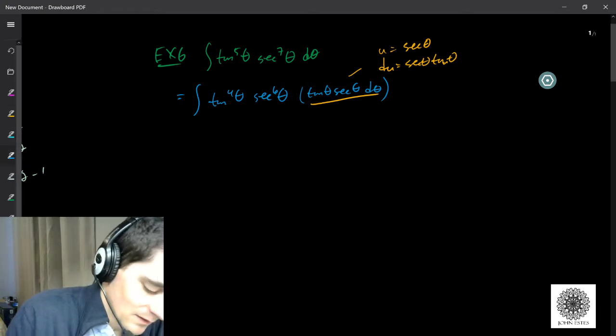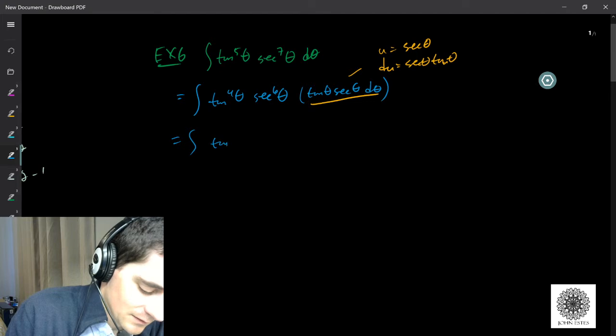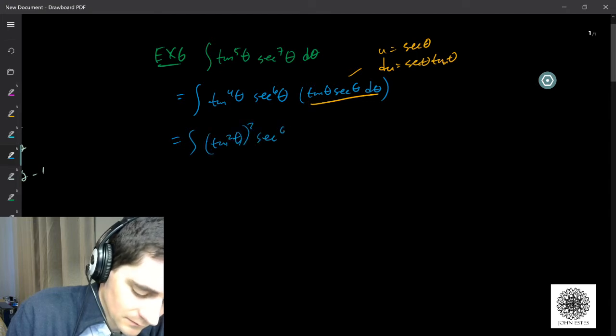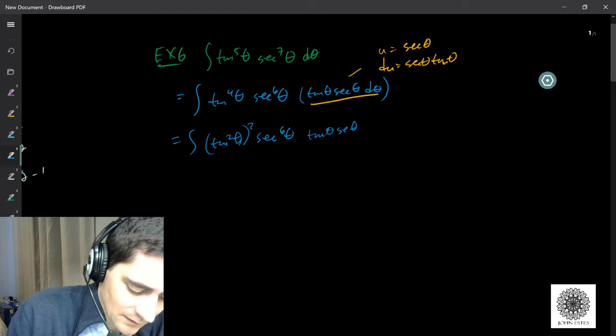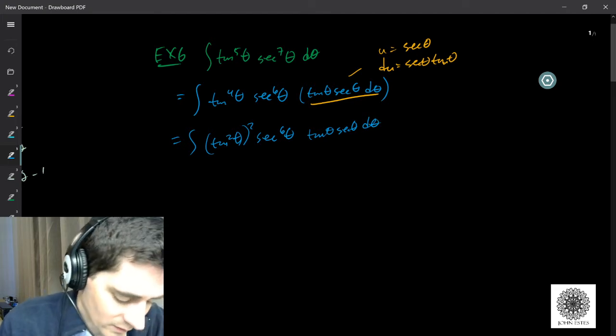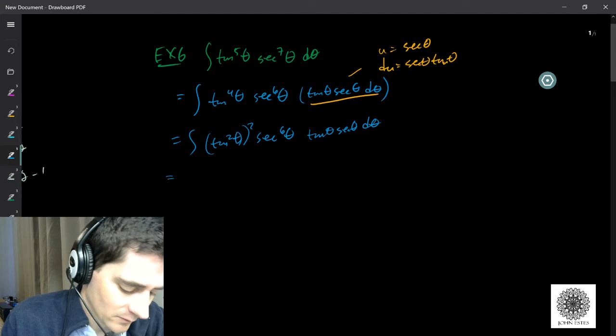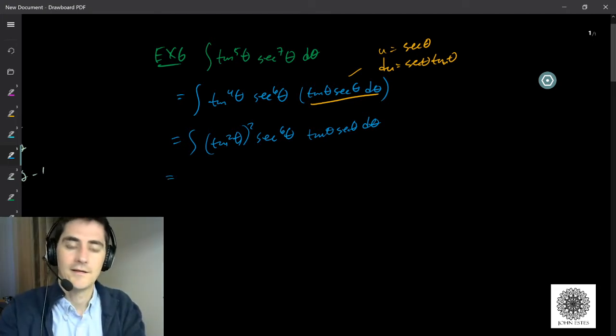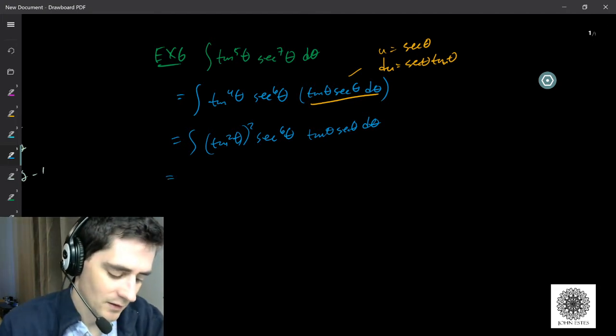Because this is the same thing as saying tangent squared theta quantity squared times tangent theta secant theta d theta over here. Okay, and remember the Pythagorean identity, I can rewrite tangent squared as what? Secant squared minus 1.